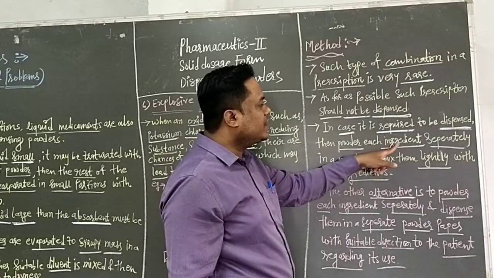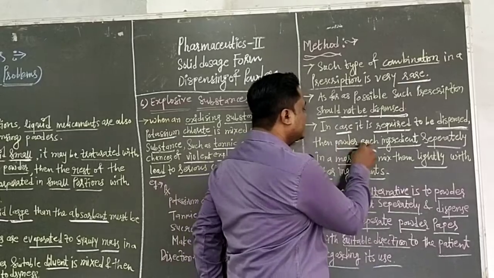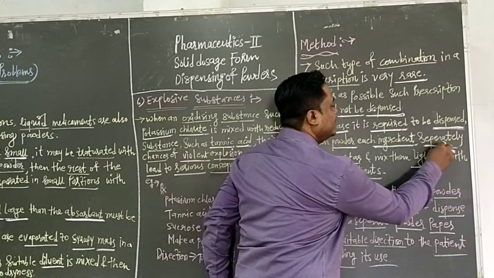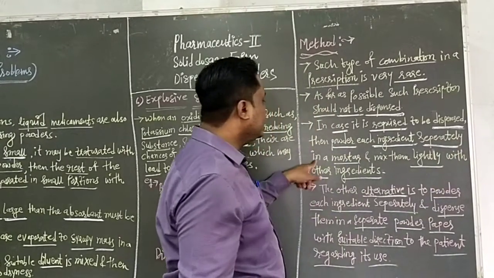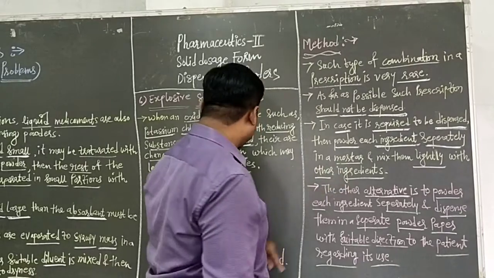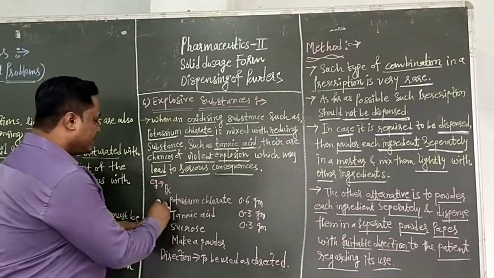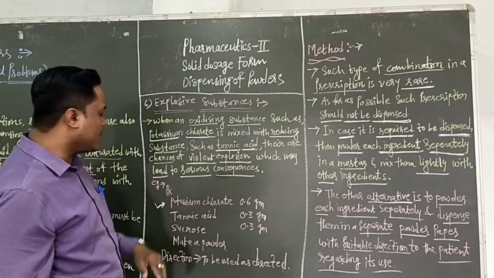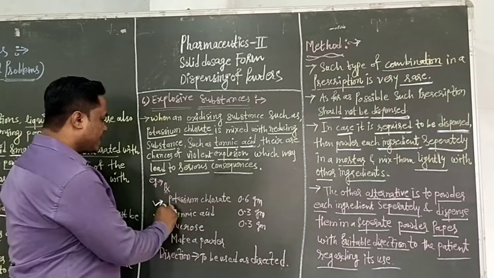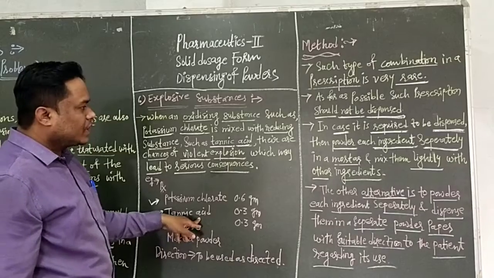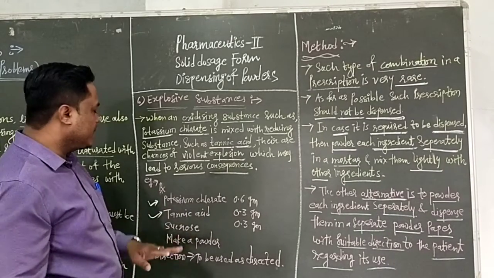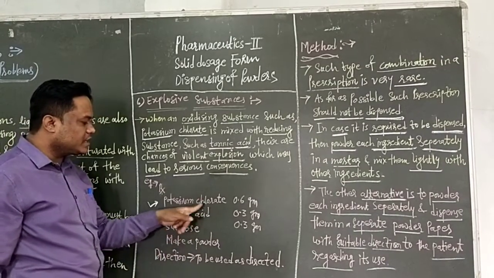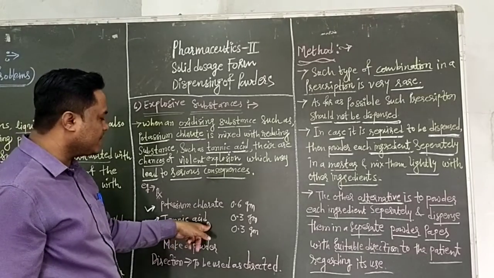Powder each ingredient separately in a mortar. For example, potassium chlorate is powdered separately in a mortar, and tannic acid is powdered separately, because potassium chlorate is an oxidizing agent and tannic acid is a reducing agent.